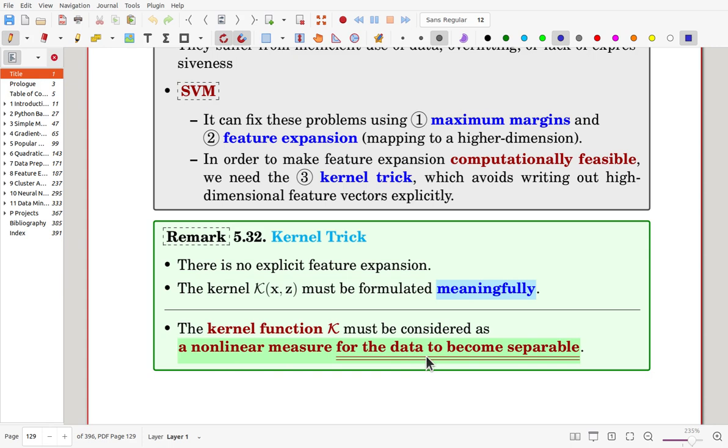If you consider the kernel function as some algebraic addition and try to find a kernel through trial and error, then it may not be meaningful. So you have to be careful in the choice of kernel function, so that it is really a nonlinear measure for the data to become separable. Okay? Thank you.